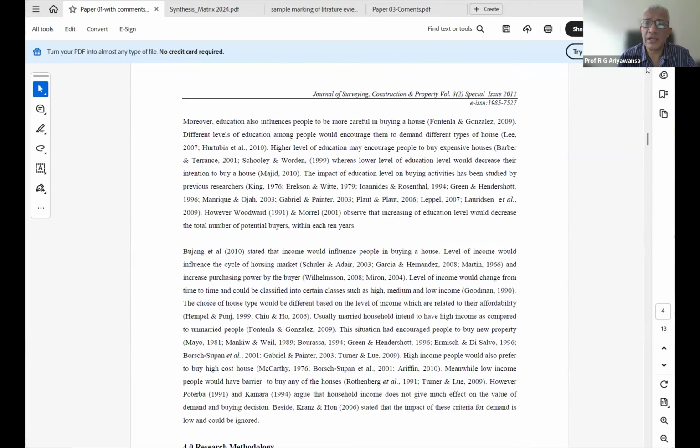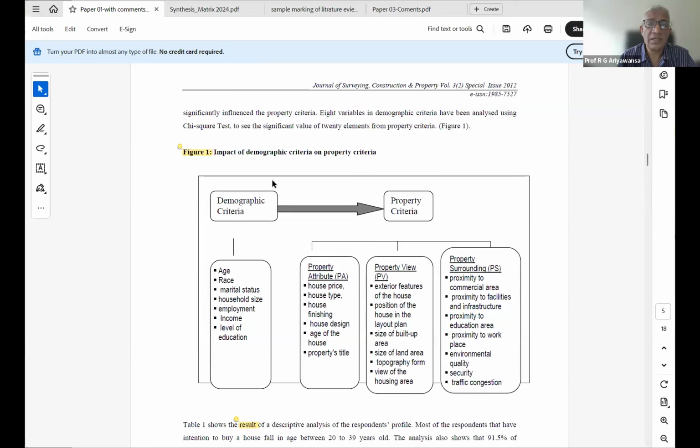So that means they have read a number of literature from different sources, like articles, textbooks, etc. They have read a lot, and having read, they have identified the relevant variables, and using different variables, they have analyzed the impact of demography on property, the housing.